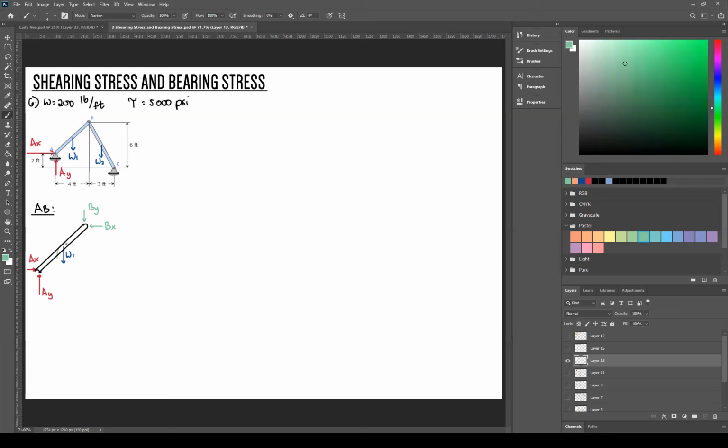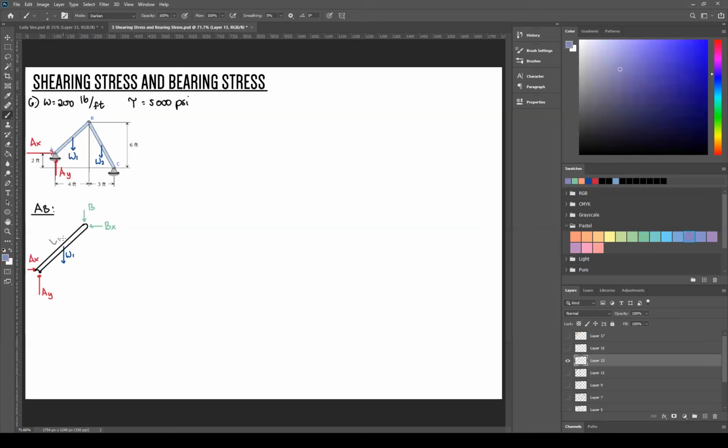So now, next step, I need to know what the value of this is. It's not 200, because that's pounds per foot. That's not a point load, that's a distributed load. So to convert this to a point load, I have to multiply it by its length. So I have to get the length of this. Let's call that L1.